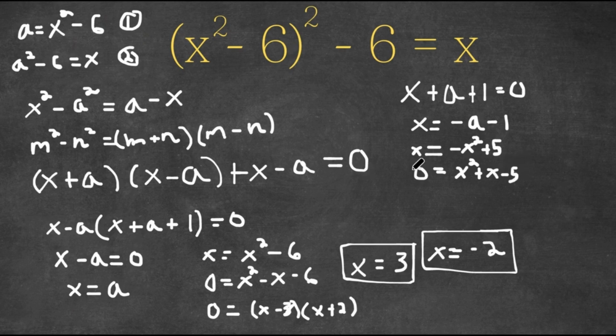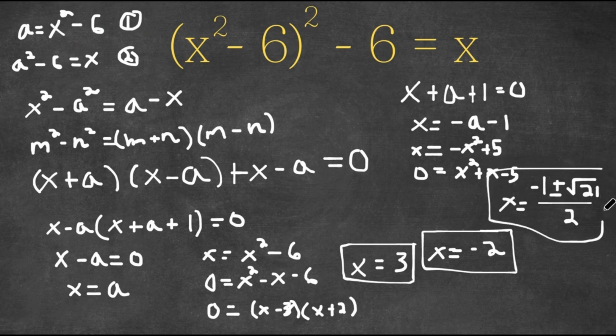If we plug this into the quadratic formula, we get -1 plus or minus the square root of 21, over 2. So these are our two other solutions. We have -1 plus the square root of 21 over 2 and -1 minus the square root of 21 over 2.